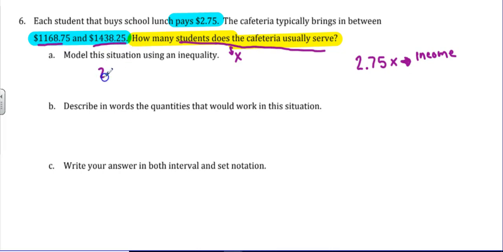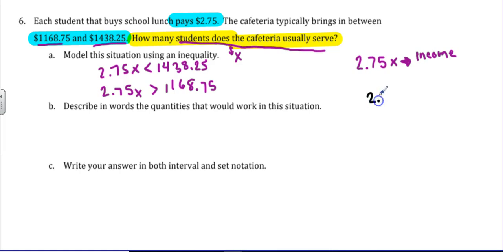So 2.75x would be less than 1,438.25, and it would need to be greater than 1,168.75.